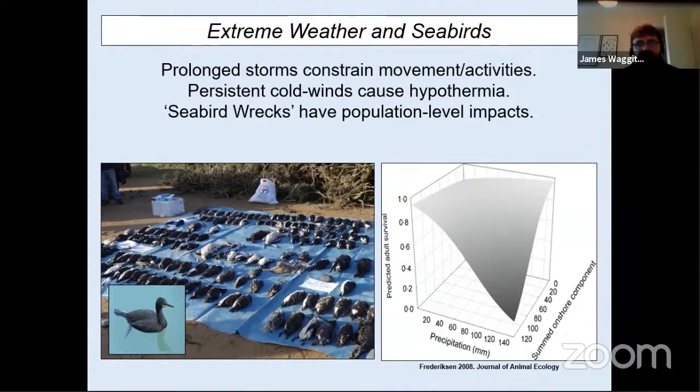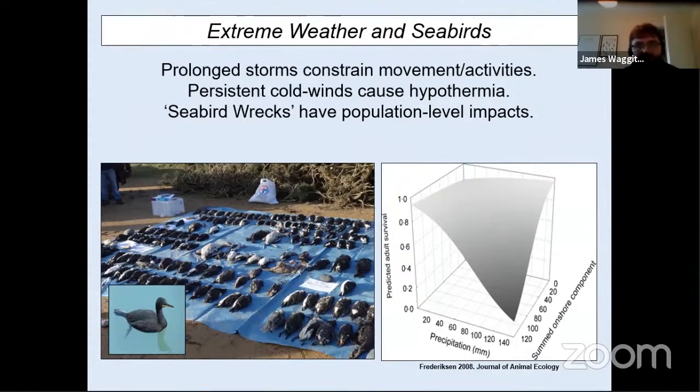Birds could seek shelter either in sheltered bays, or perhaps spend more time roosting on land next to the coastline. By doing this, obviously, there's less time to feed. So these very long storms can prevent birds feeding.